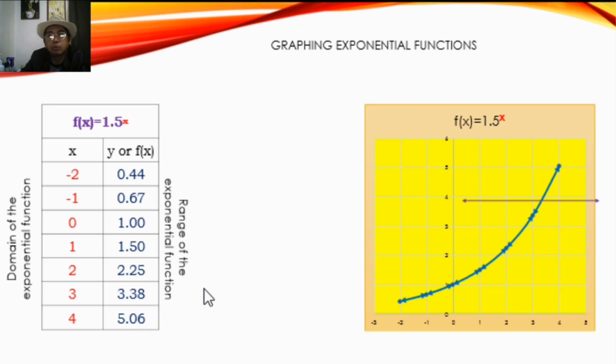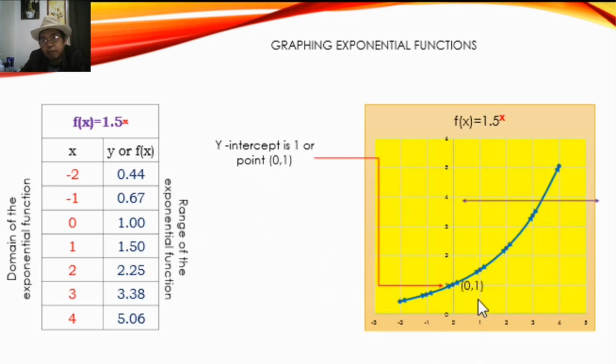These are called to be now the range of the exponential function. Another one would be the y-intercept. The y-intercept is always located at 0 and 1. So the y-intercept is located in here in your graph.